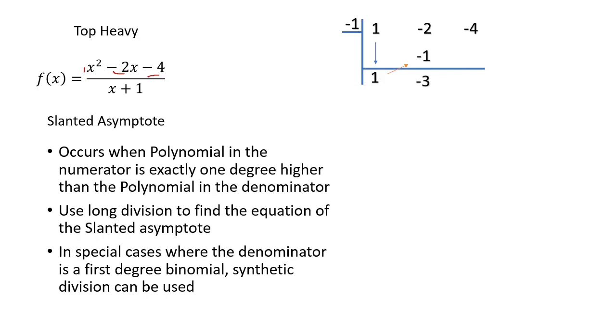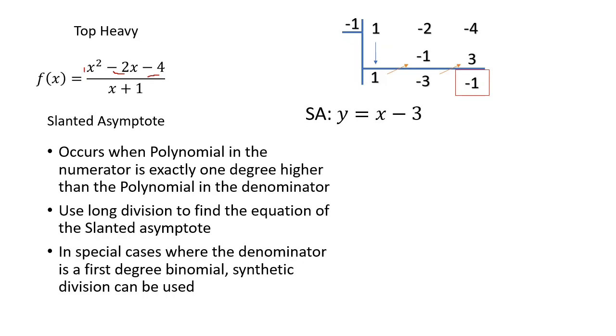We add straight down to get -3, and then multiply again by -1 to get 3, and then we add straight down to get -1. If you need more help with synthetic division, we covered a bit more in one of the polynomial intros.